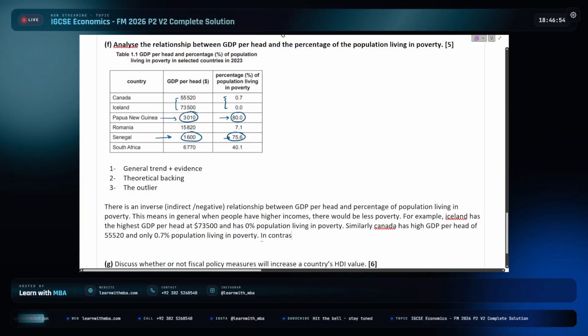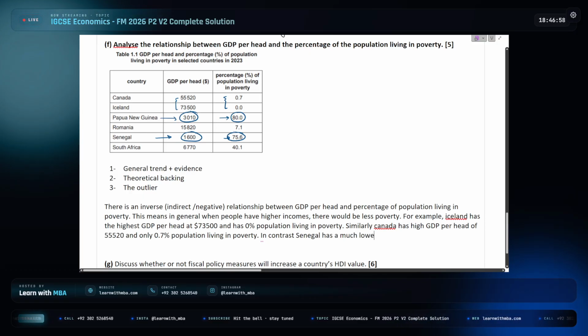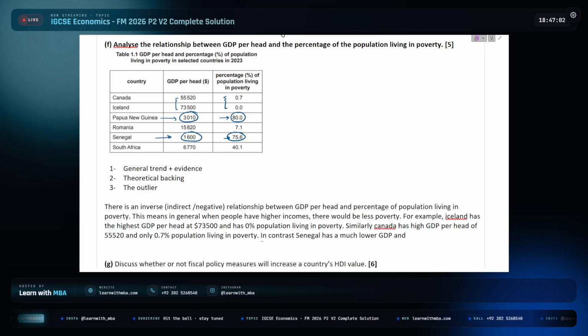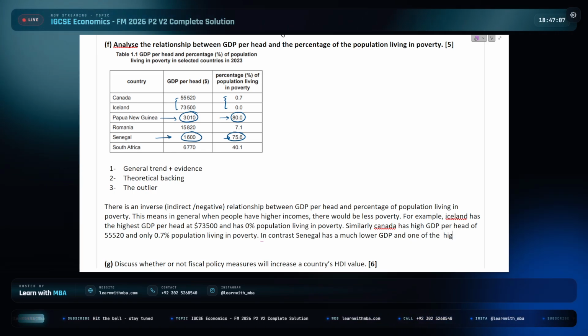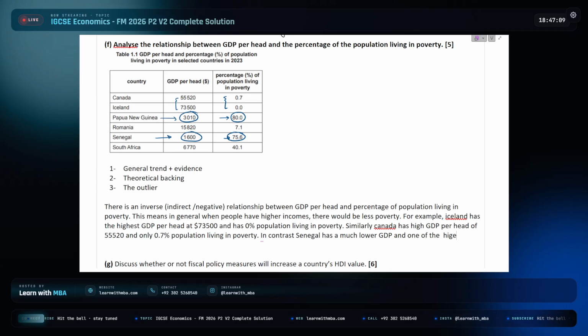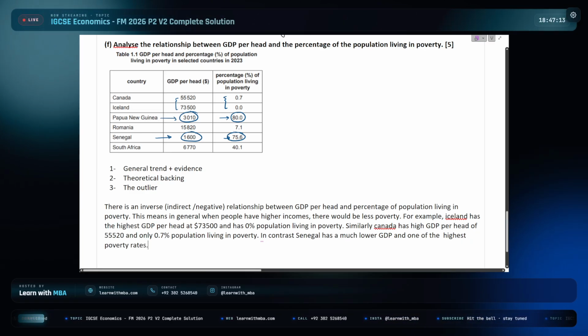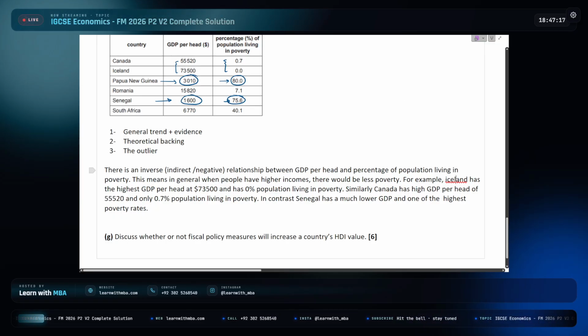In contrast, Senegal has a much lower GDP and one of the highest poverty rates. Understood? So now this is my first 4 marks.